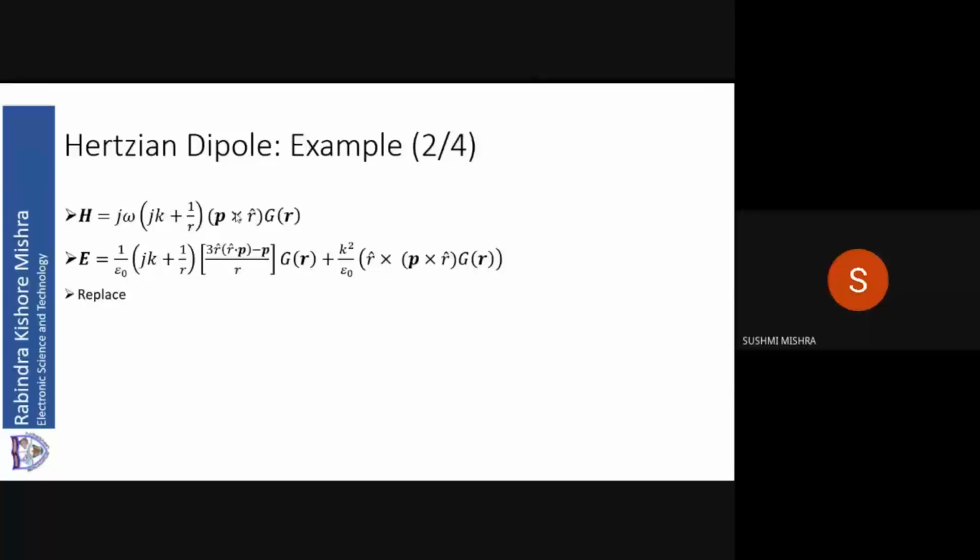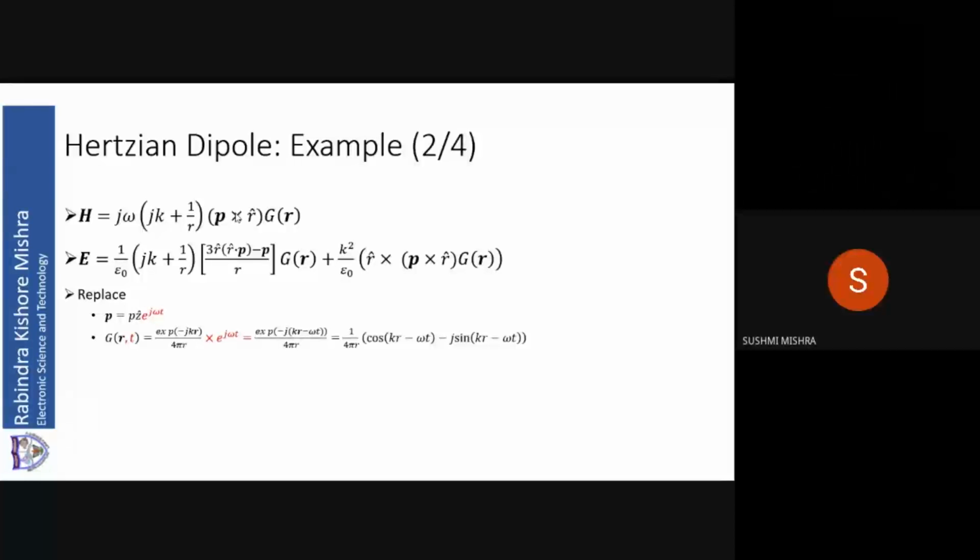Now what do we have to do? We have to find the real parts of H and E, because e to the power jωt is now cos ωt. How do we do this? We can do that by starting with a replacement. First replacement is take P is equal to P_z e to the power jωt, real part of that.